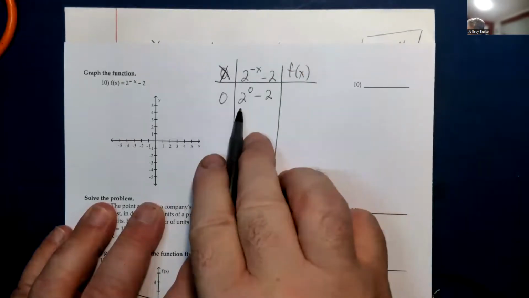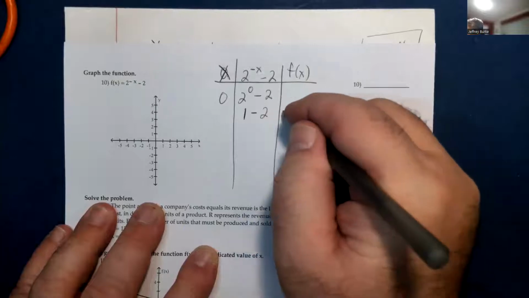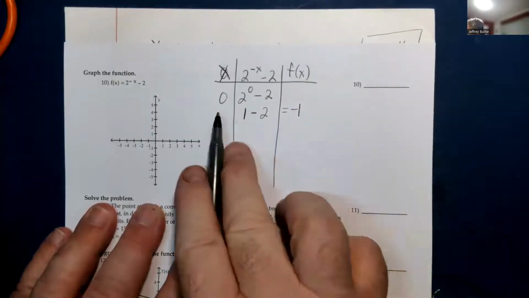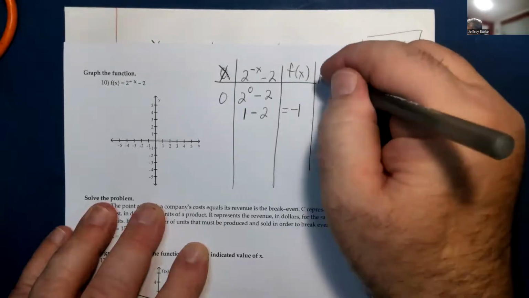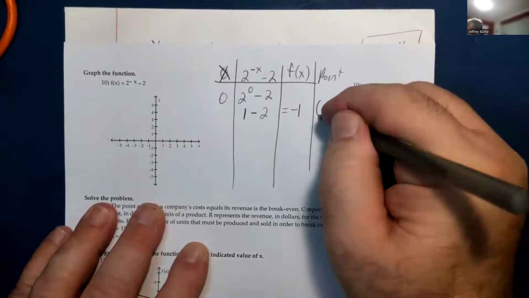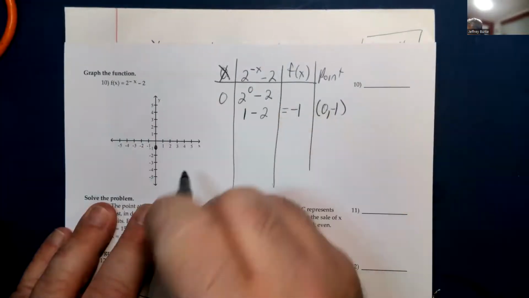Well, evaluate below. 2 to the 0 equals 1. That's going to be 1 minus 2, that'll equal -1. So the first point we're going to have is 0, -1. So that's going to be our first point here.